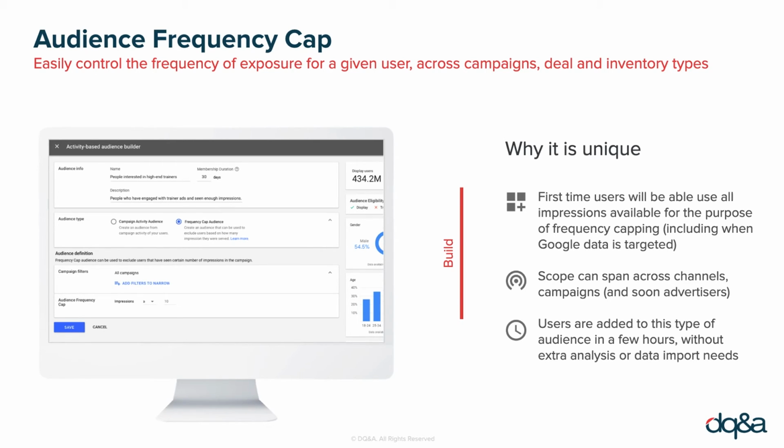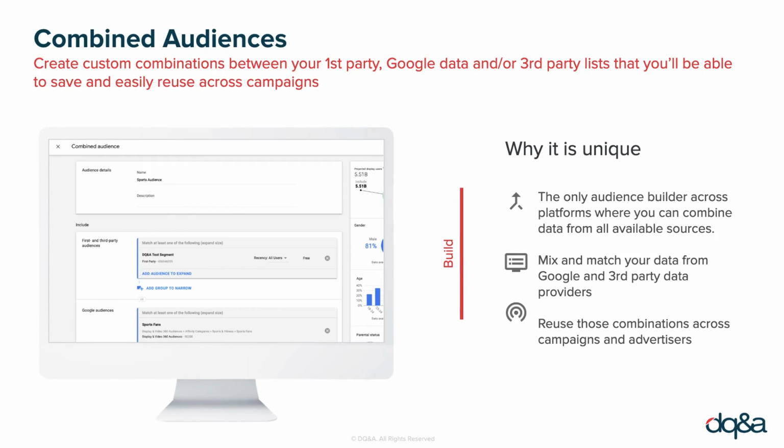And then obviously you lose data freshness because of this analysis. But with the frequency cap audience, you can eliminate this heavy lifting, save time and increase your data freshness, and just create a frequency cap audience and cap frequency across campaigns.